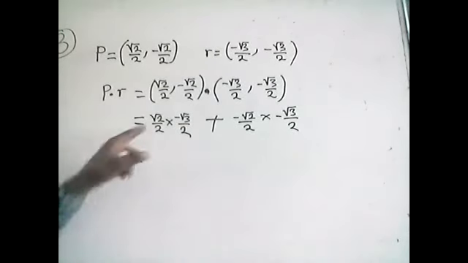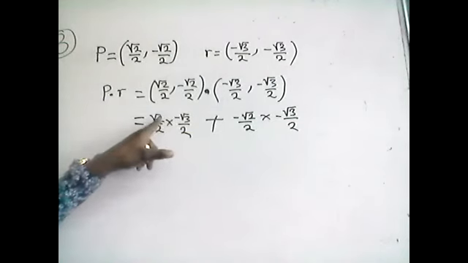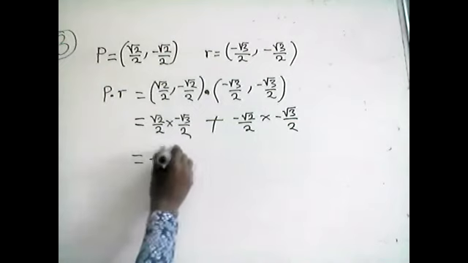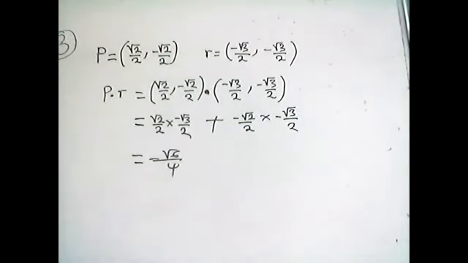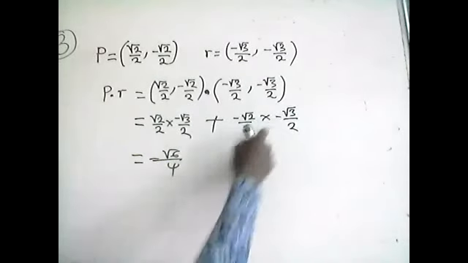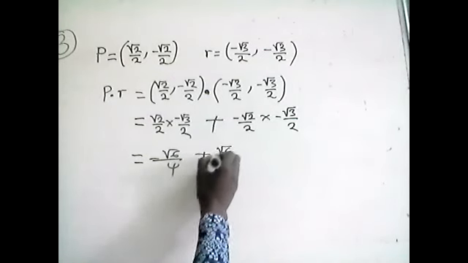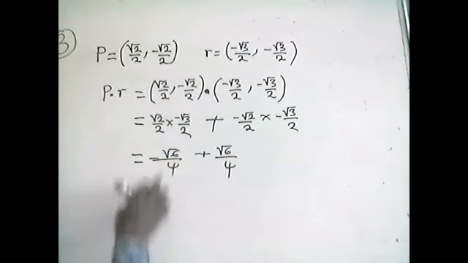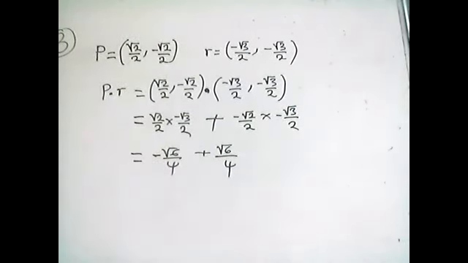So root 2 multiplied by negative root 3 is just root 6, so it will be negative root 6 on top over 2 times 2, which is 4. We move to this part here. Negative on negative is giving us a positive. So we're going to have plus root 6 over 4.